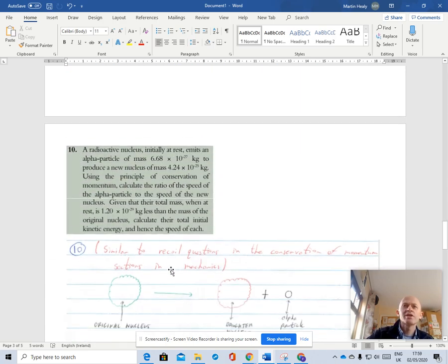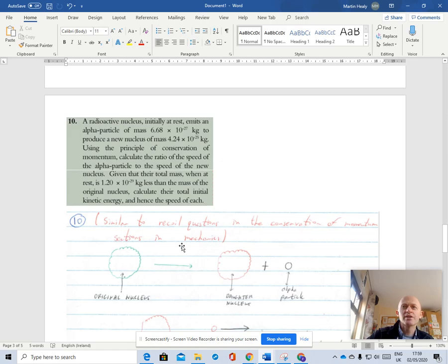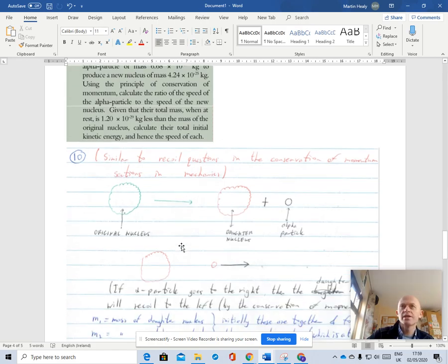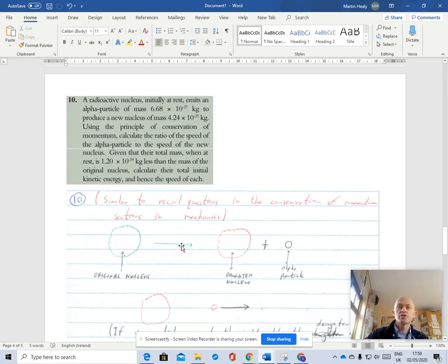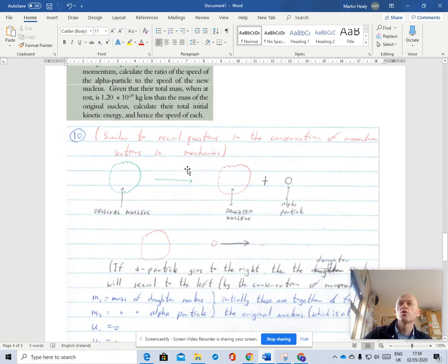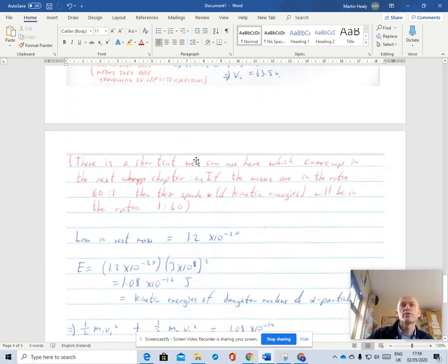And question 10, I did it out here, but again, I wouldn't worry about it too much as yet. You might try to get your head around it. There's a quick way of doing all this, a shortcut. If the masses are in the ratio, for example, 60:1, then their speeds and their kinetic energies would be in the ratio 1:60.